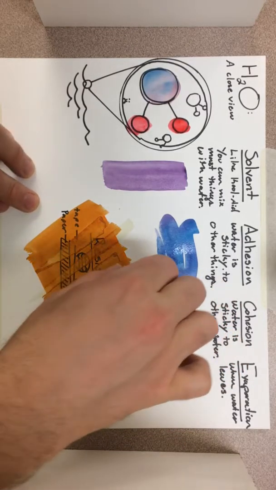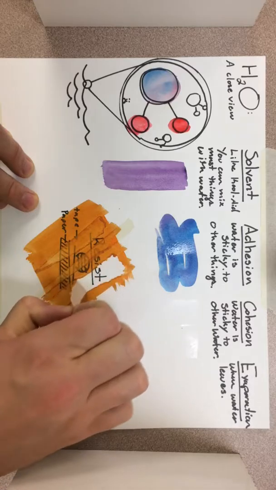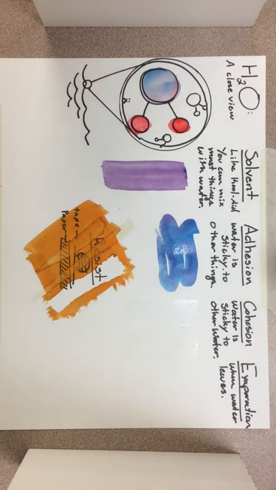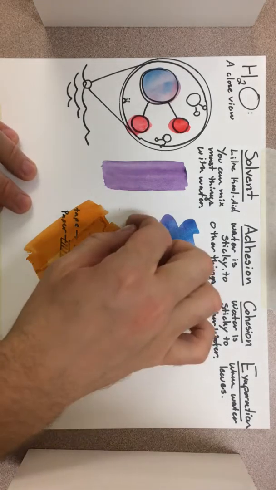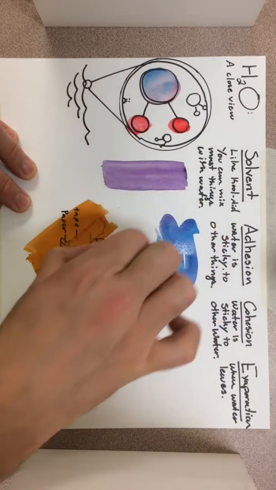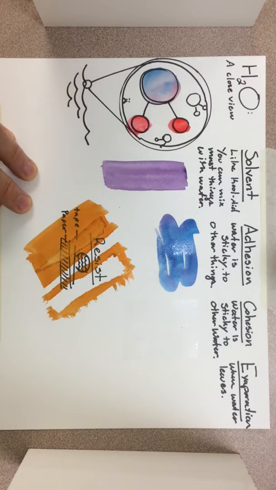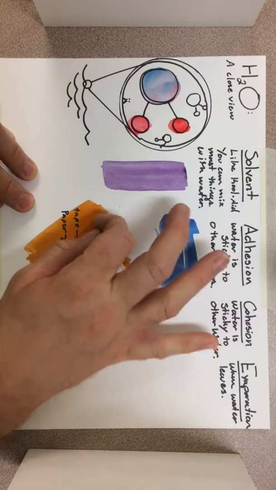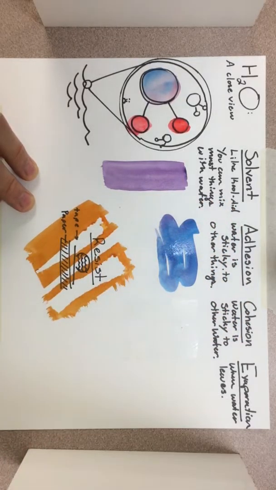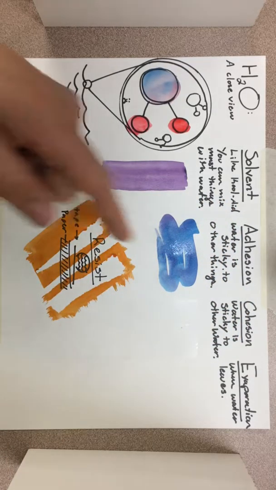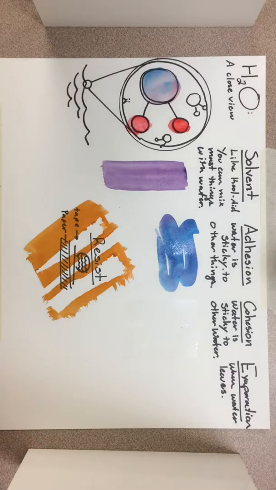Now if I pull this tape up, you can see that it leaves that paper completely clean. We use this property of resisting the water in order to make our birch trees. And we obviously use the adhesion property of water so that when we paint, it makes our paper colorful. And we use the solvent properties of water to mix our colors together.